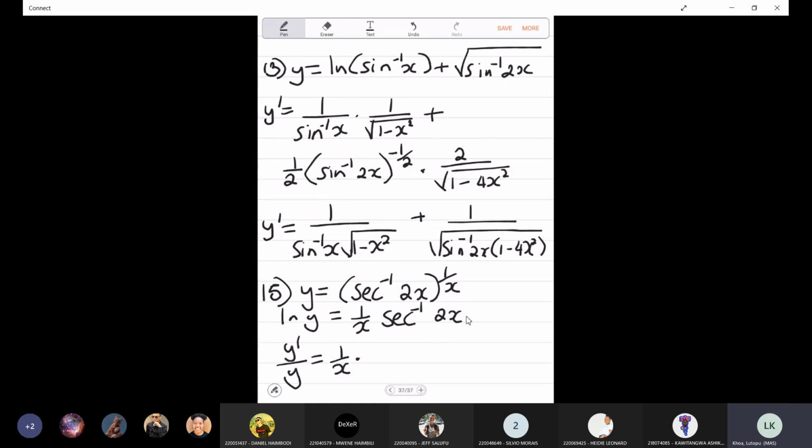So remember, the derivative of sec inverse of 2x, in our numerator, we have the derivative of 2x, which is 2. And then in the denominator, we have our f of x, which is 2x. And then the square root of our f.